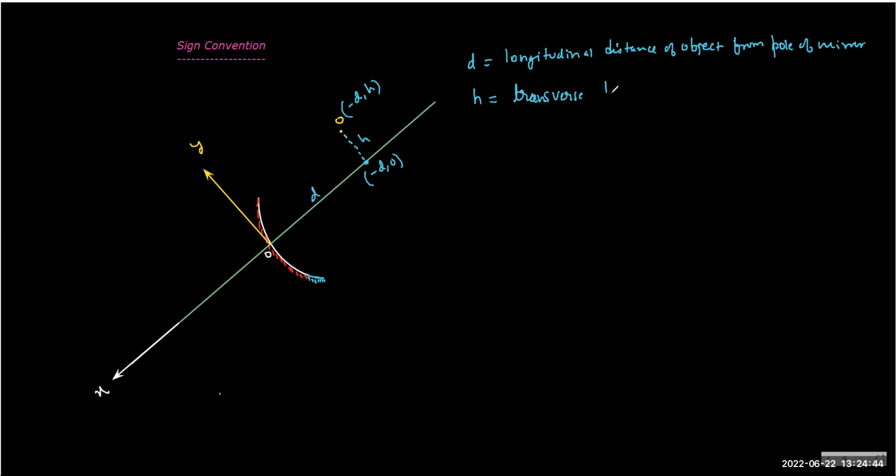Transverse distance of the object from the principal axis. So how far the object is from the principal axis is called the transverse distance, and how far the object is from the pole along the principal axis is called the longitudinal distance.